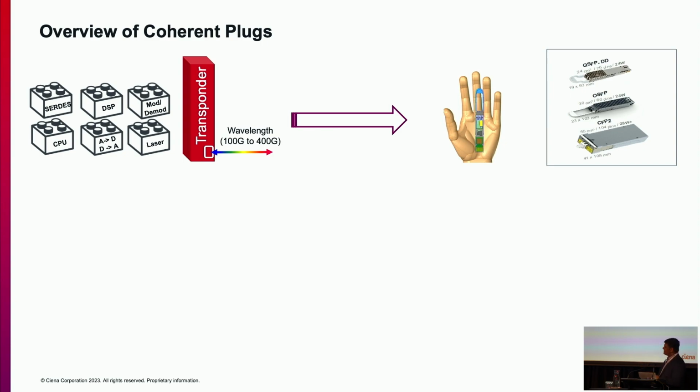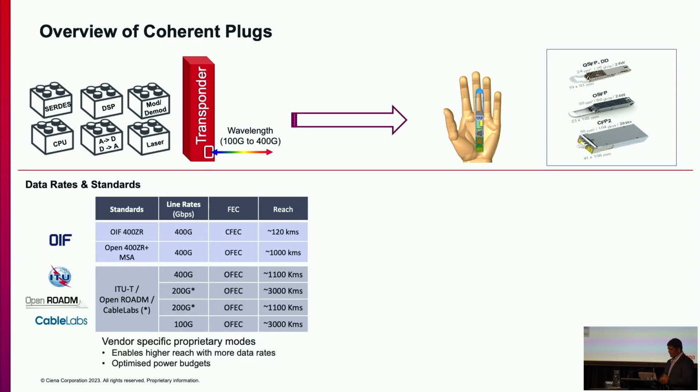They have three variants, right from CFP2, OSFP, and QSFP-DD. And out of these three variants, QSFP-DD we are seeing is gaining a lot of traction in the market because of its form factor and the low thermal and power requirement. Many organizations like OIF, ITU-T, and Open ROADM are working on standardizing the line rate and forward error corrections so that this plug can interwork with each other and can help us to build the open network.